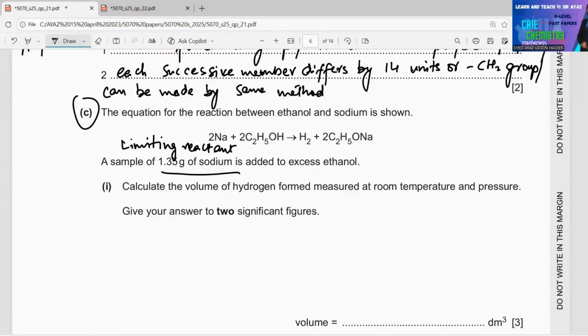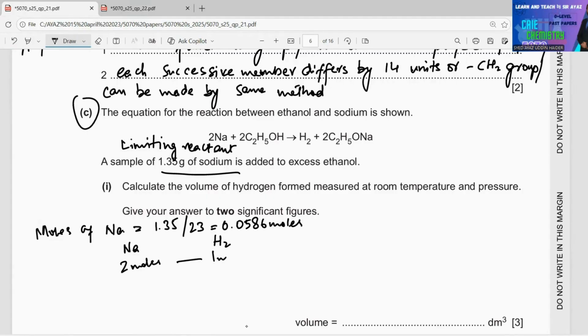In order to calculate the moles of Na, I need to divide the mass, that is 1.35, by the nucleon number or mass of sodium, which is 23. What you will get is 0.0586 moles.